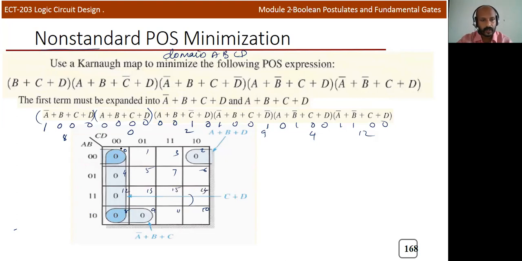So in order to represent the zeros, 8 is indicated, 0 is there, 2 is there, 9 is already there, 4 and 12. So all the zeros are there. Now we can group the zeros. If you take the group of 4 zeros, one representation you can see is indicated by C plus D. We can indicate C plus D here.